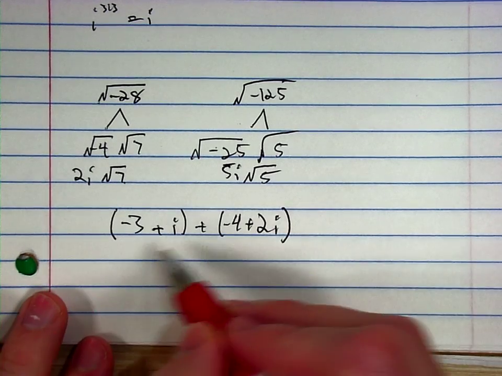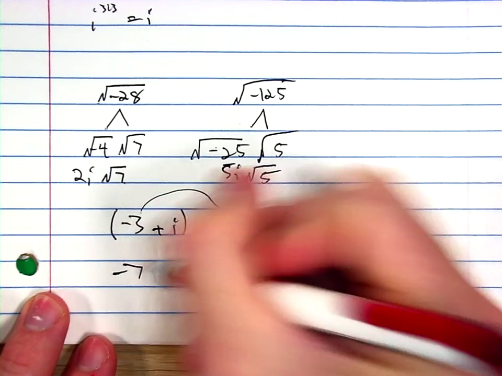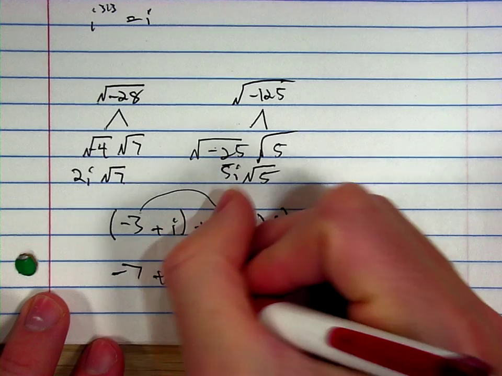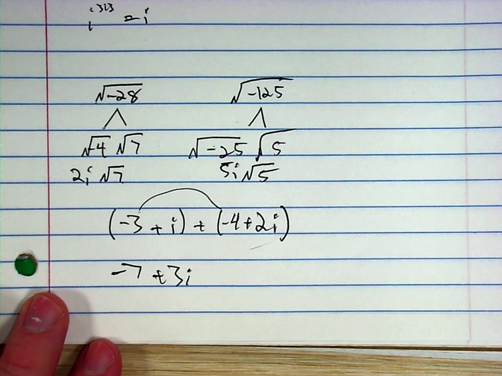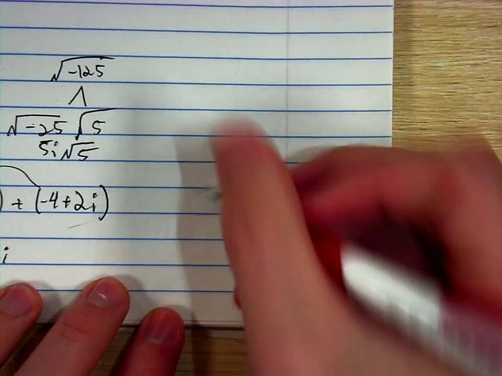We're just going to put the real parts together, the negative 3 and the negative 4, and then you just put the imaginary parts together, 1i and 2i. Easy as that. Be careful with subtraction.